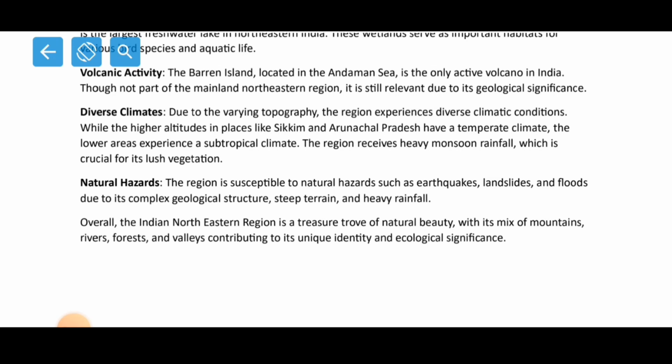Sikkim. So we know that the climatic condition is very hot in Assam, but it is very cold in Sikkim, right? In Sikkim, and in some parts of Meghalaya, that is basically the Khasi Hills and Jaintia Hills side, it is cold throughout the year. And Arunachal also has certain places which are cold enough, right? So you know why there is a variation in temperature?